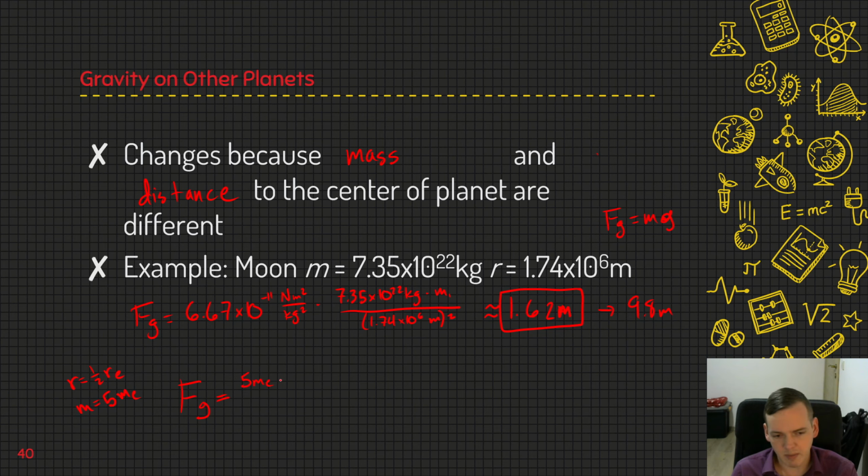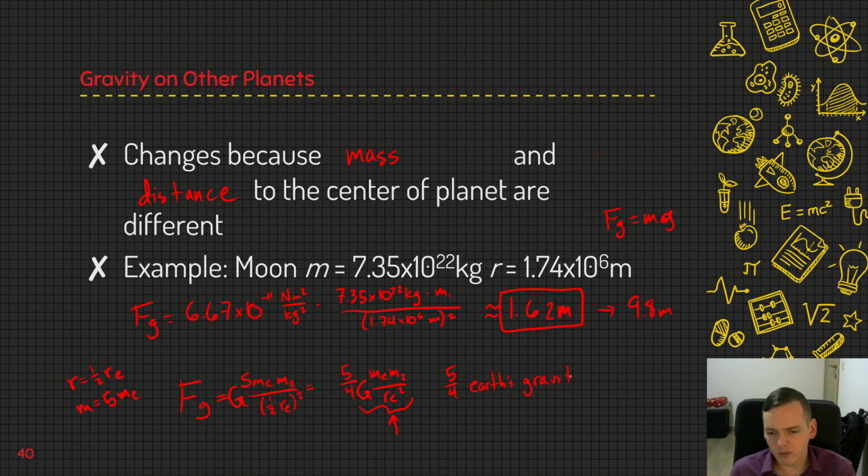So 5 times the mass of the Earth times m2 over 1/2 r Earth squared. And we'll get 5 over 1/4, so 5 over 4 times m Earth m2 over r Earth squared. Oh, sorry, I'm missing G on here. This is just the normal gravitational force. So in other words, it's 5/4 Earth's gravity.